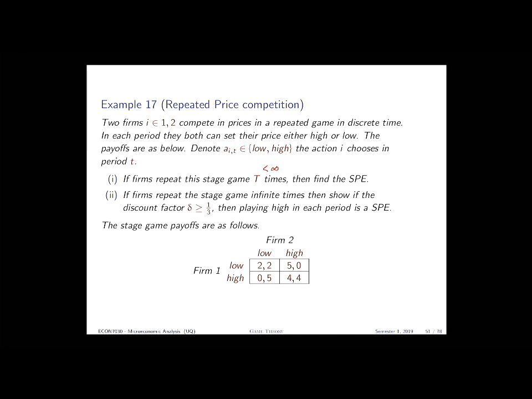First question says, suppose the game repeats T times. We know T is finite. This means that we can draw the tree form of this game. How do we draw it? The one-shot game will be: firm 1 decides to choose between low and high, and then firm 2 simultaneously chooses between low and high as well.